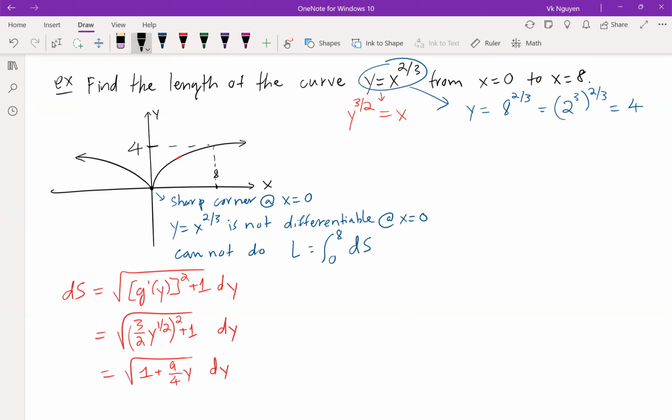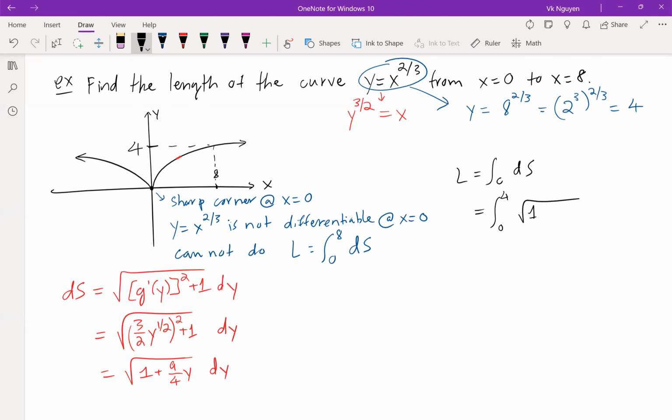And now we can figure out the length of the curve from x equals 0 to x equals 8. Integral over C of ds. So because ds is in terms of y, we're going to have the limits from 0 to 4.